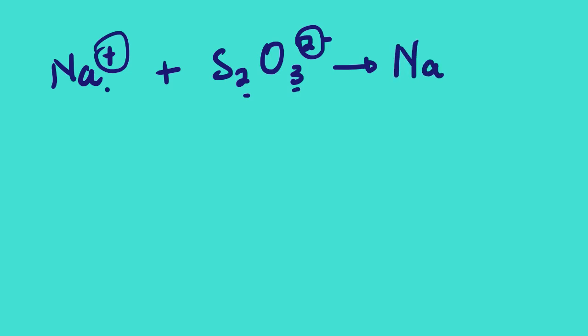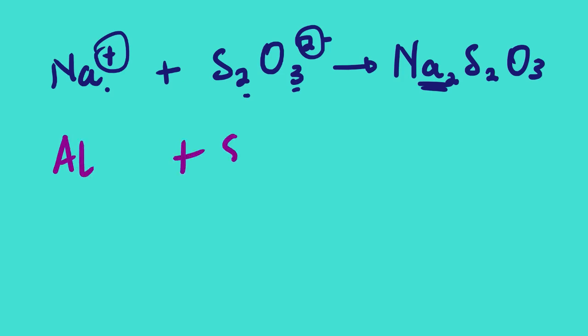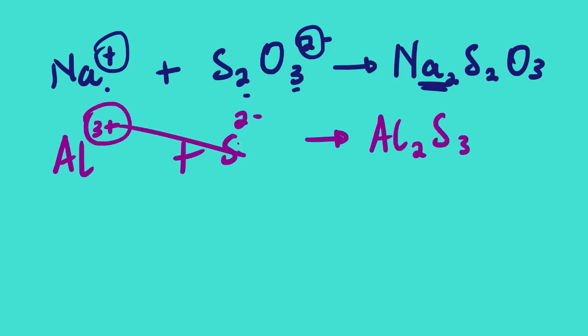So we have Na2S2O3. Aluminium reacting with sulfur. We know that aluminium has 3 plus, sulfur has 2 minus, then we are going to get Al2S3 since we have cross multiplied here.